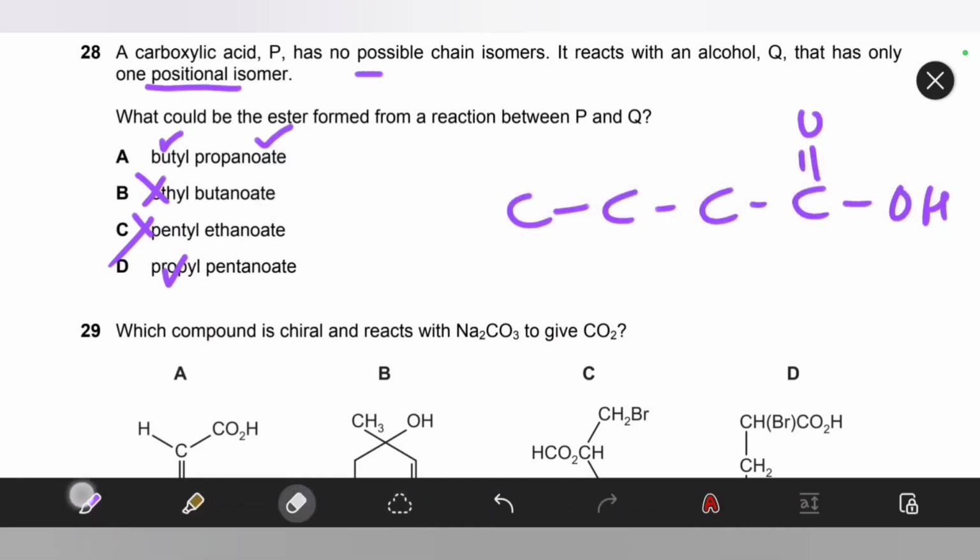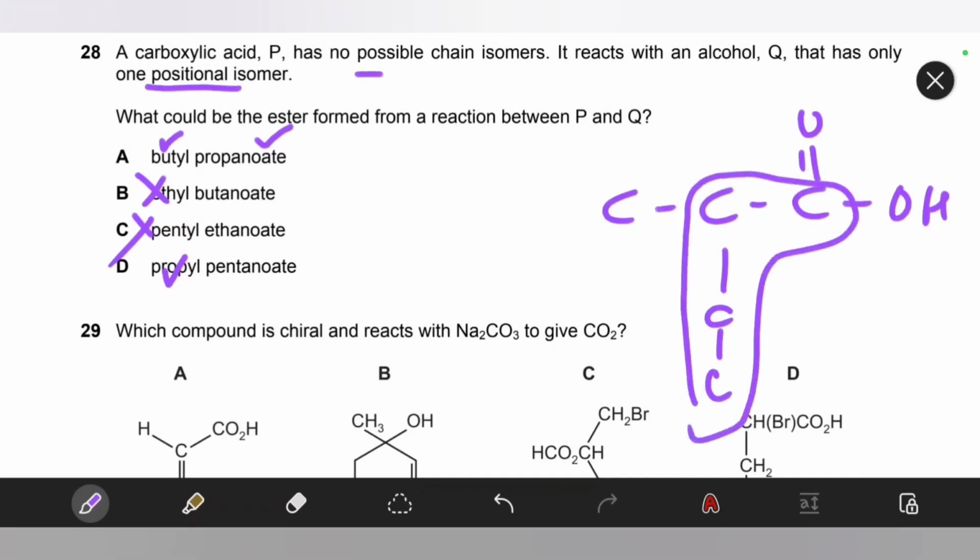No. If I attached this here, then the chain has become different. This is a different molecule now. This is not pentanoic acid.